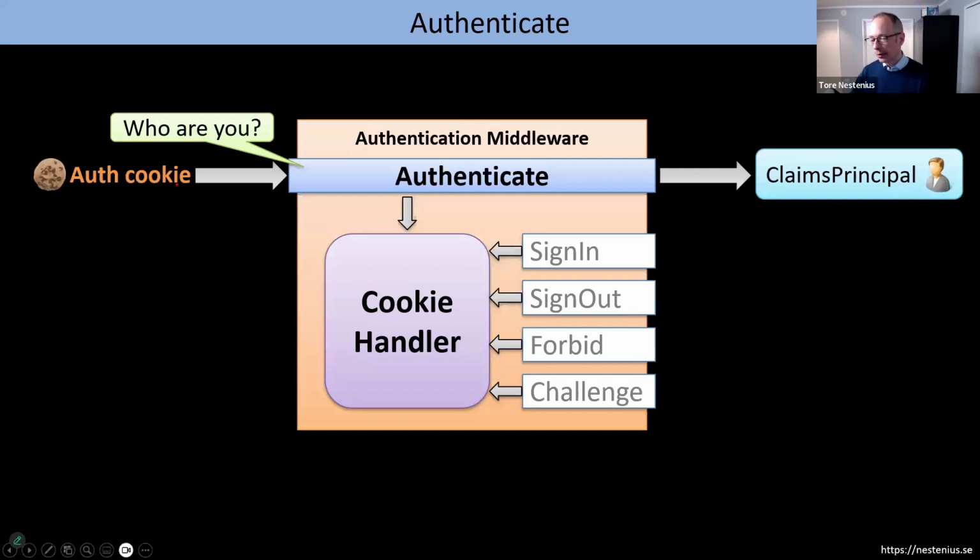So a question: if someone's permission changes, you need to sign in the user again, because the data inside the cookie does not change until you sign out and sign in the user again.